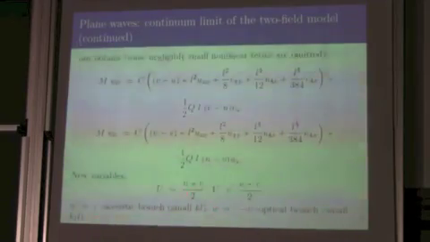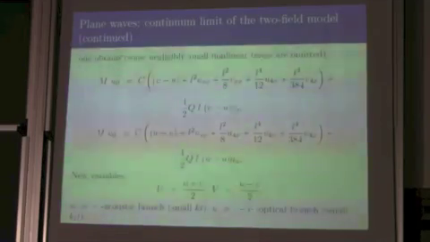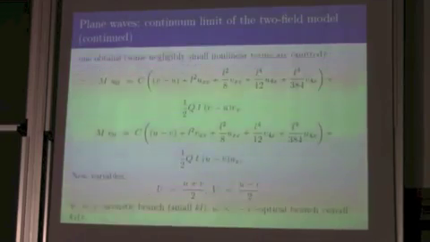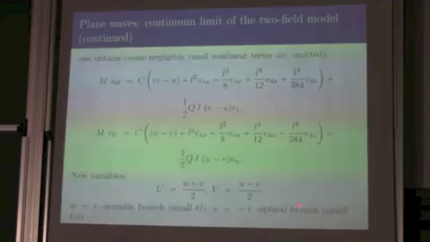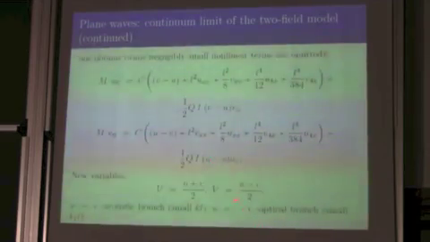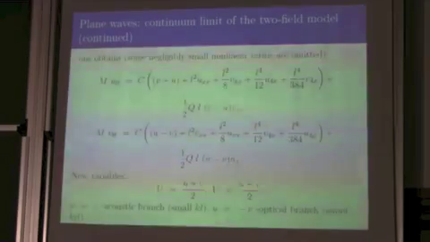You see that if U and V, the displacements of the odd and even neighboring particles, are close, like in the acoustical branch, this one will be 0, and we come back to the one-field model, and if, in contrast, they are of opposite sign, this variable is 0.